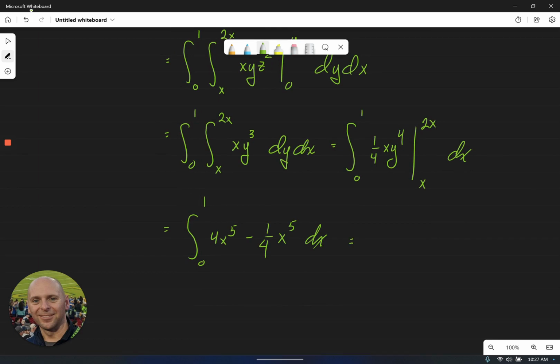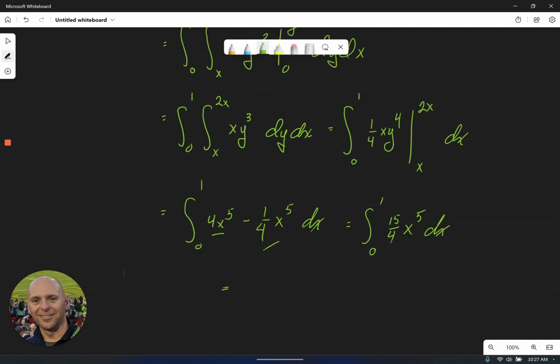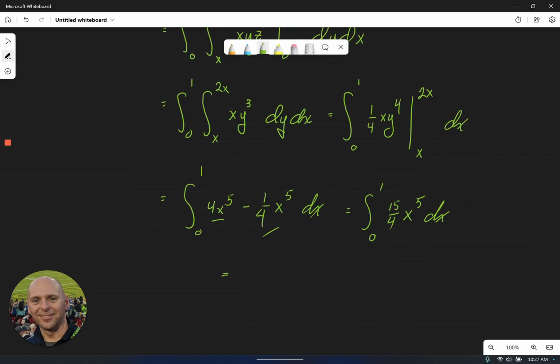I'm going to go ahead and simplify this down, 0 to 1. I've got 4x to the 5th, and I've got a minus a quarter x to the 5th, so that's going to make 3 3/4, or 15/4, x to the 5th dx. And from here, we just finish this out, finding the antiderivative.